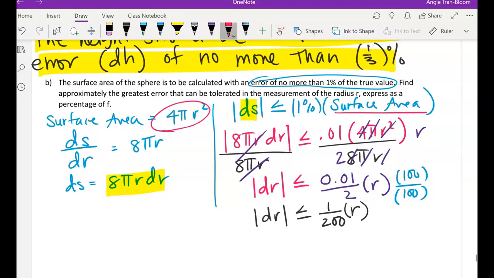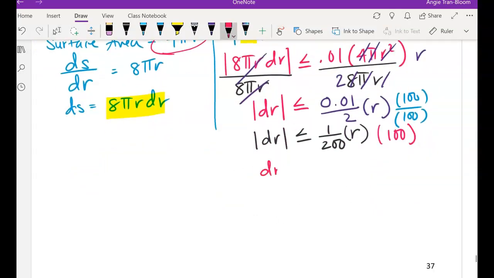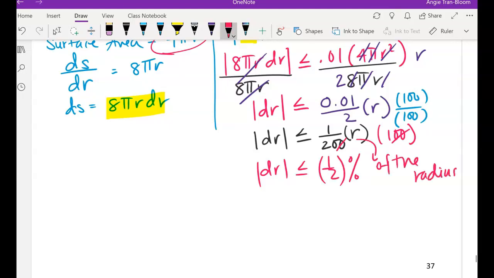But it wants it in percentage. So that's just really going to multiply this by 100. So with that, dr is going to be no more than, cancel the zeros, half of a percent, and then because of r, of the actual radius. Okay, so how do we spell all of that out?